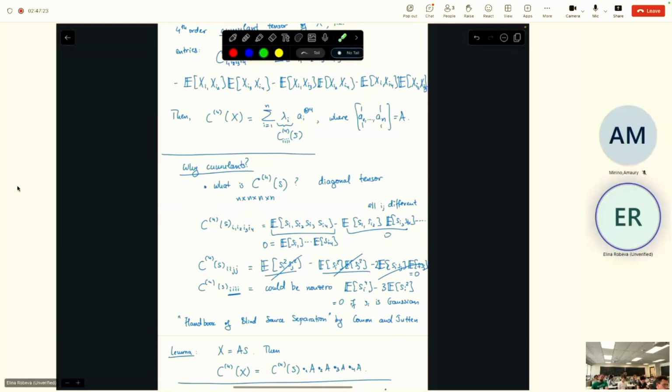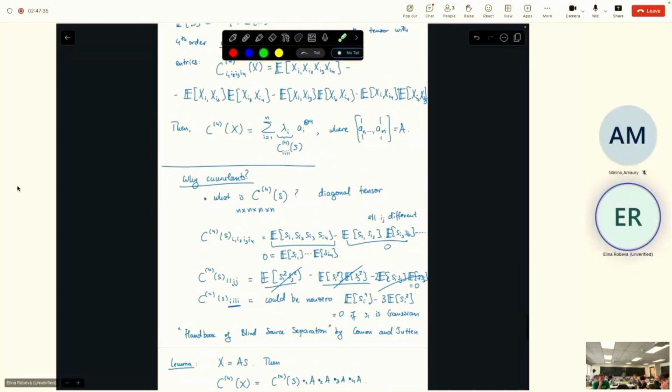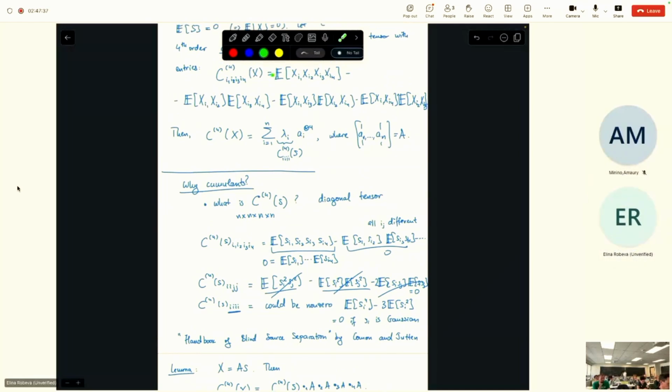What you're given is samples from X, and so you could create an empirical version of this cumulant, so it won't be exact. If you have samples, you can create all of these sample moments, which will give you sample cumulants. So you do create a full 4-tensor? Yes, and then you can decompose it to find A.